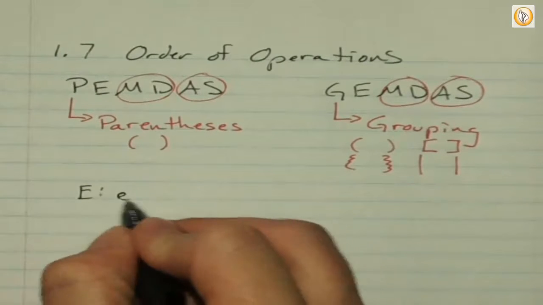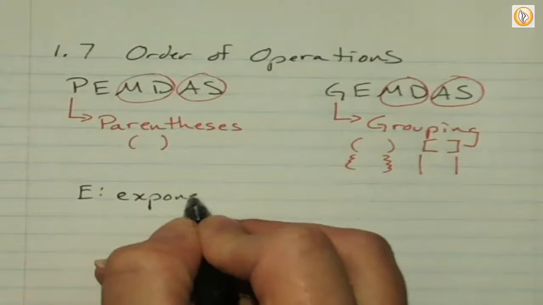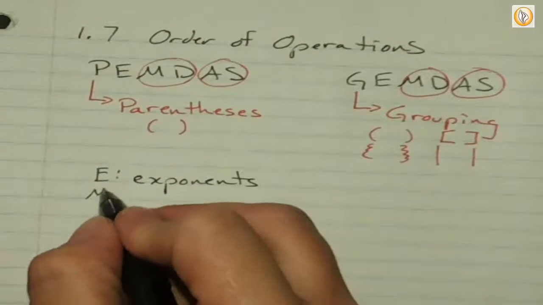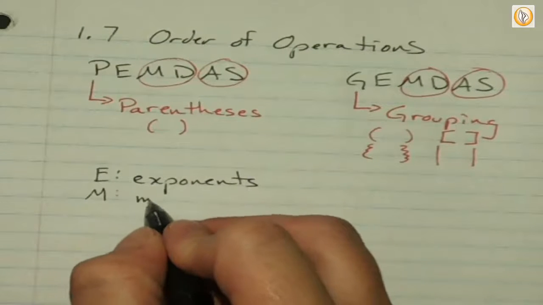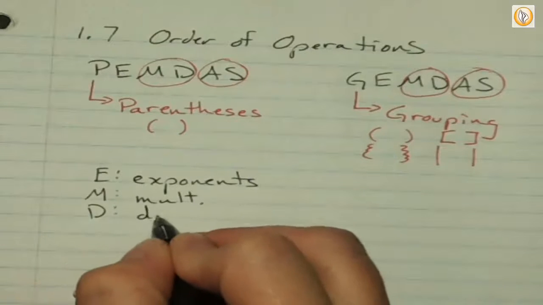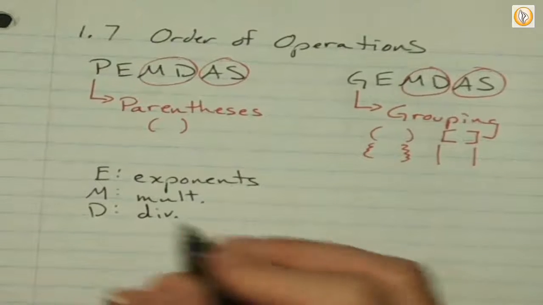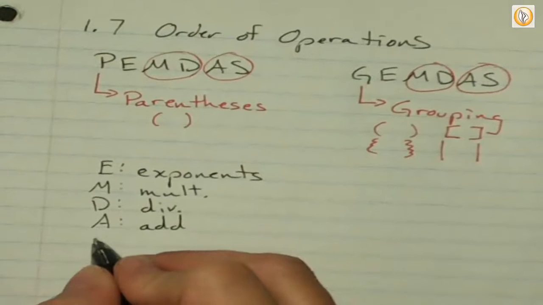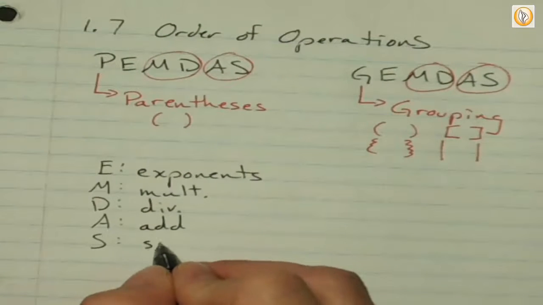Exponents. That's right, exponents. What does the M stand for? Multiplication. D. Division. A. Addition. And S. Subtraction.